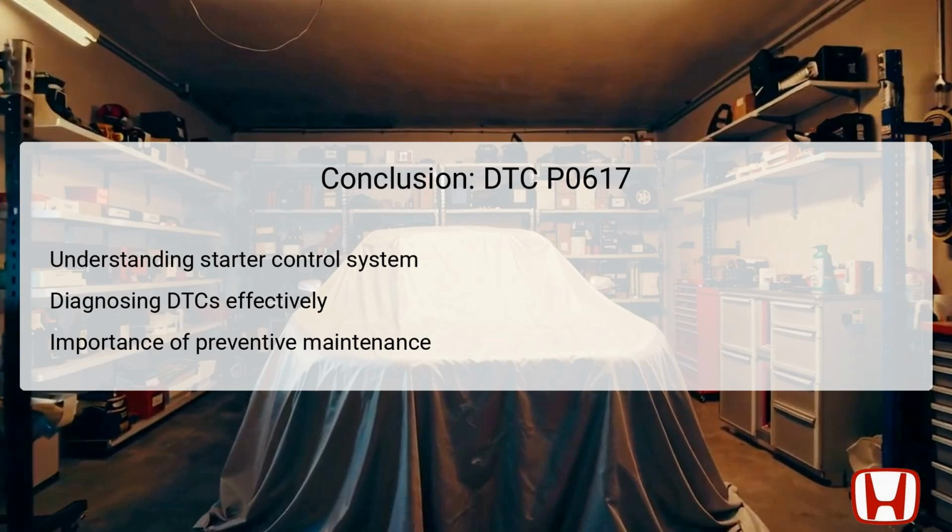Recognizing the roles of various components, such as the starter cut relays and the PCM, helps to identify malfunctions quickly. The troubleshooting steps outlined provide a systematic approach to diagnosing the underlying issues associated with this DTC. Lastly, the importance of preventive maintenance cannot be overstated.